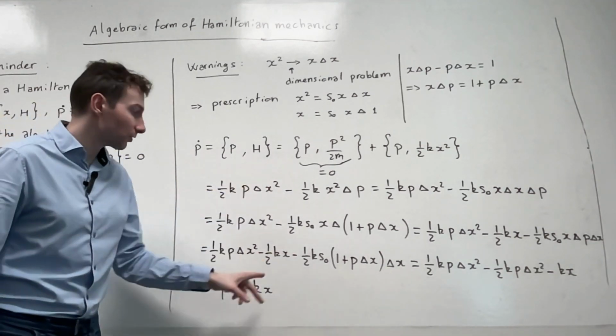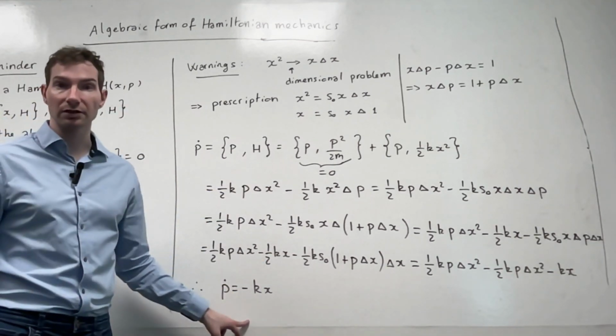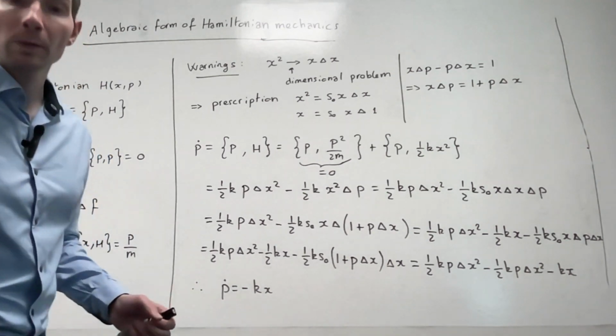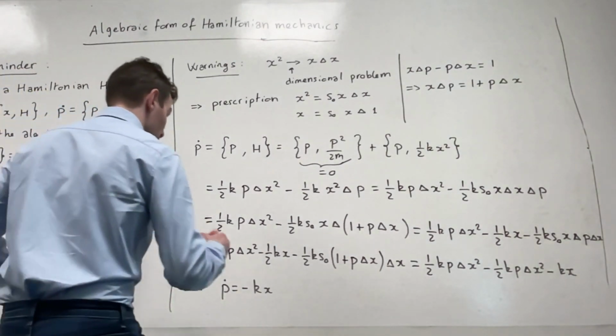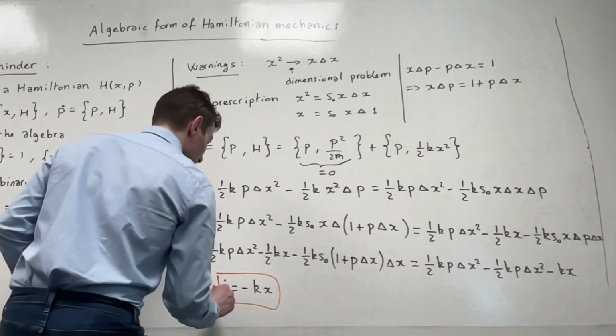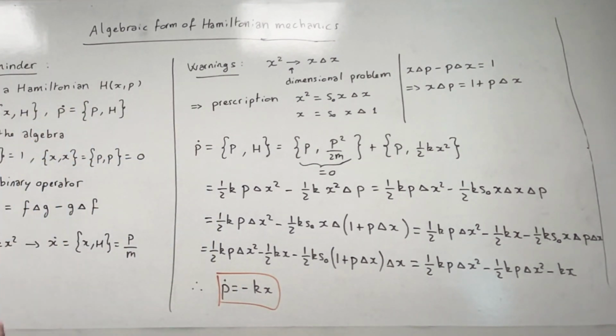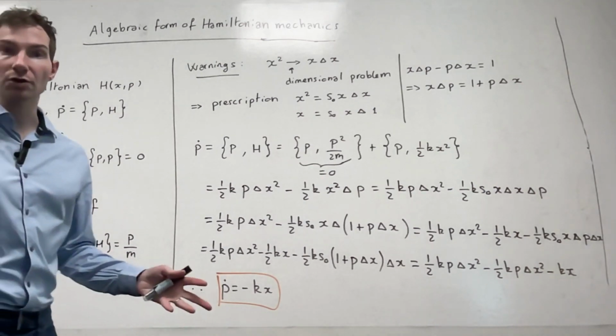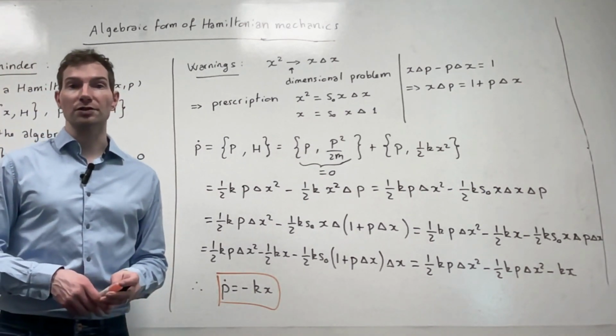And at the end of the day, we still end up with this particular result here. And so if you put together this equation and the one we had found before, then you can solve the equations of motion for your system.